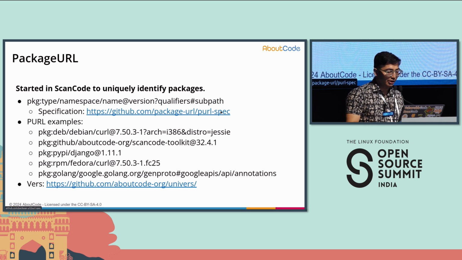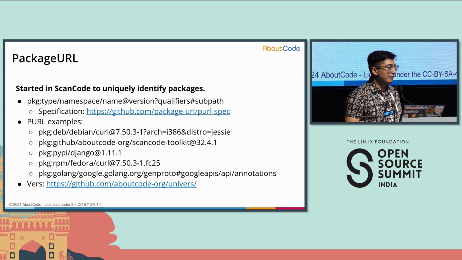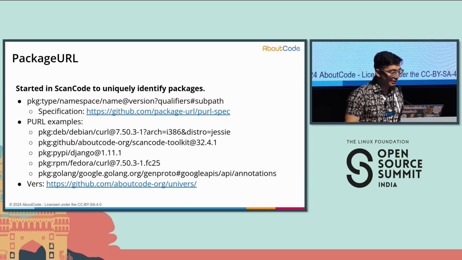Now here you have another standard, which is VERS, or version range specification. This is the project that is also used in Google OSV for their own database. A lot of ecosystems have version range specifiers.